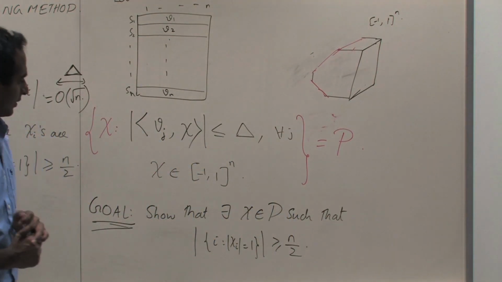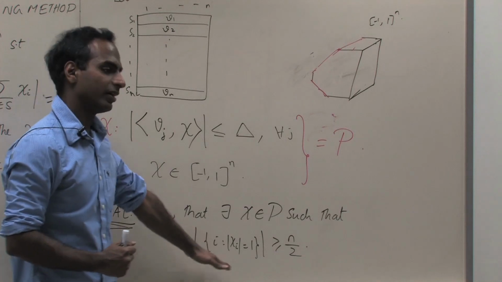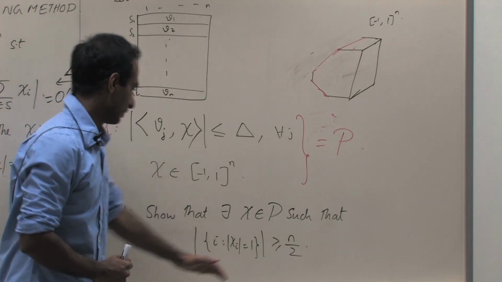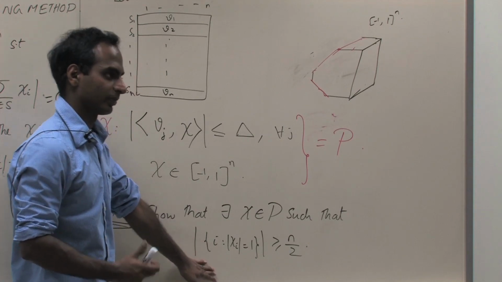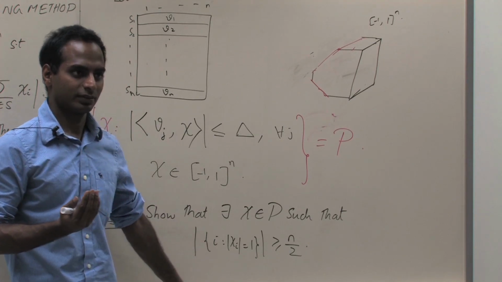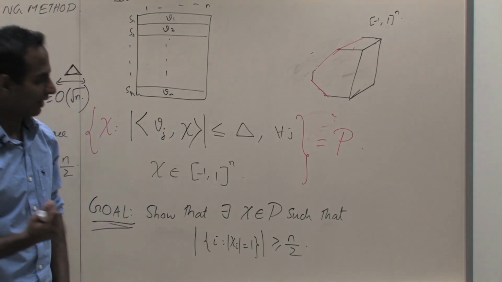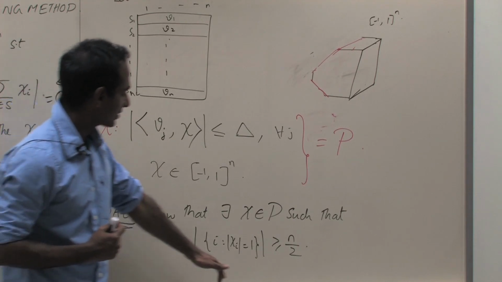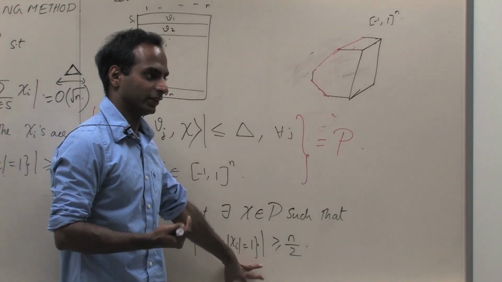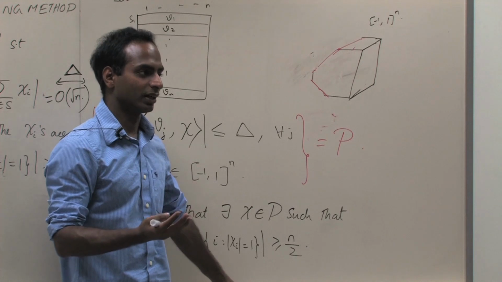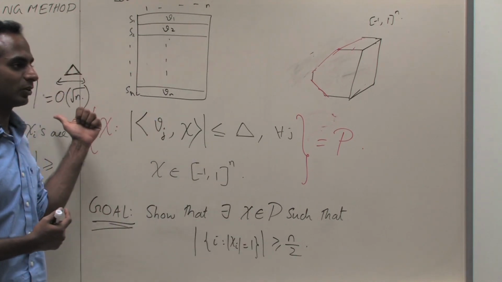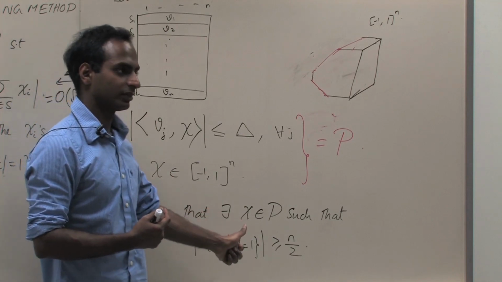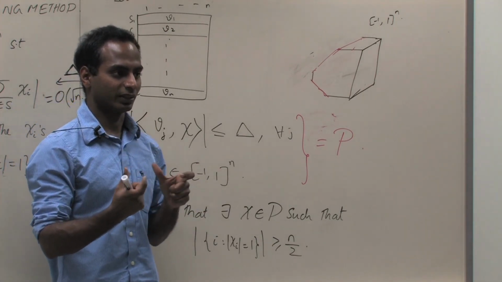I cheated a little bit when I said this is equivalent to solving this problem. Why? I'm saying that at least half the coordinates are 1 or -1. But what about the remaining half? Here I want them to be 0, but here there could be anything in [-1, 1]^n.